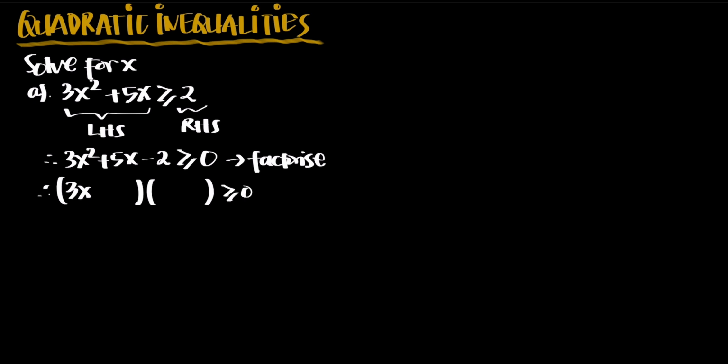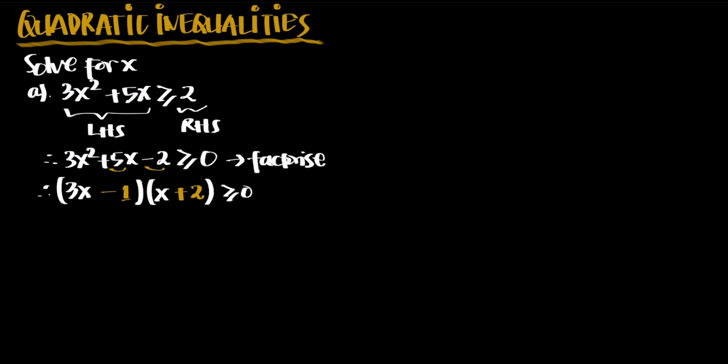Think about two numbers that multiply together to give -2, and when you combine them, it has to give 5x. So I got +2 and -1. You can prove it by expanding both of the products.